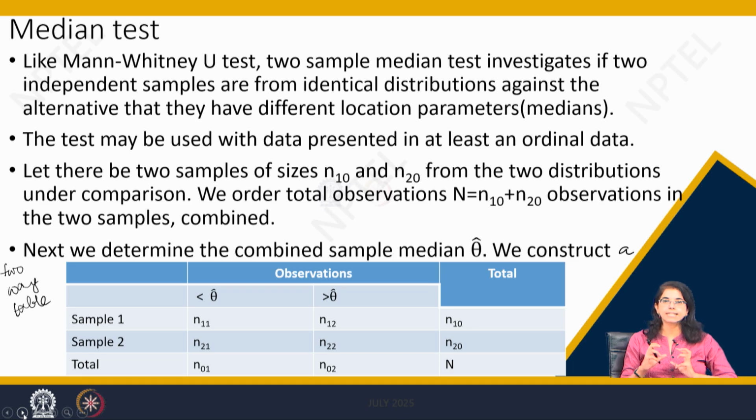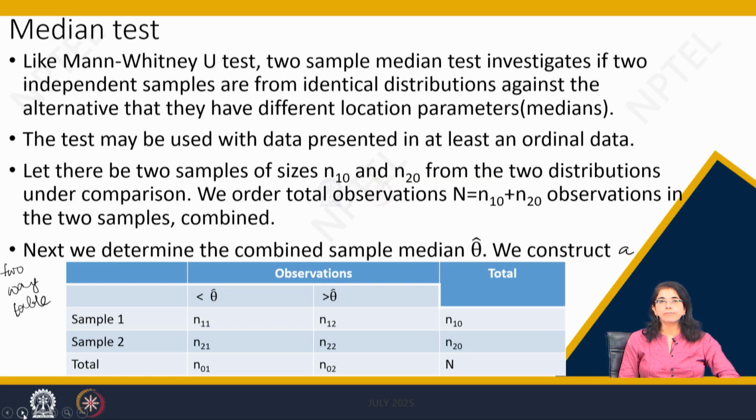These tests can be applicable for any type of data, but if you want to employ this median test in an ordinal setup, then one set of observations must be ordinal.